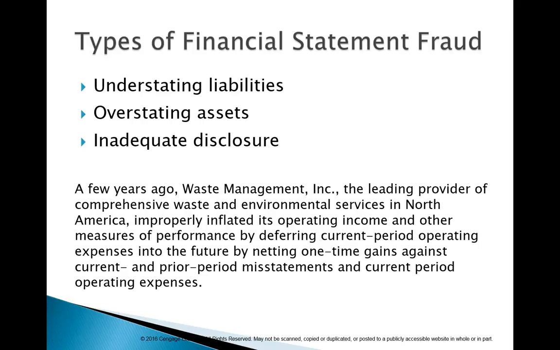So basically what they did is they said, well, we've got these trucks, and we're going to extend the useful lives of these trucks from 7 years to, let's say, 15 years. We're going to increase the residual value on these trucks. And by doing so, they drastically decreased the amount of depreciation expense they were taking every year, which materially overstated their net income. So it had two effects of understating their expenses, but also, consequently, overstating their fixed assets.